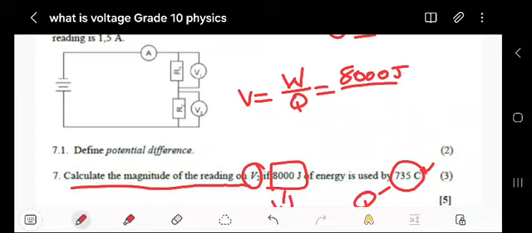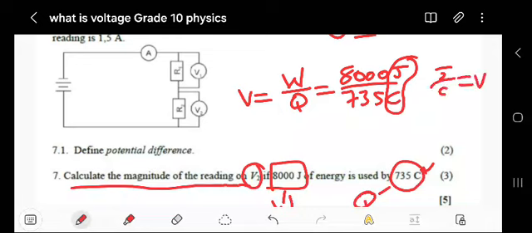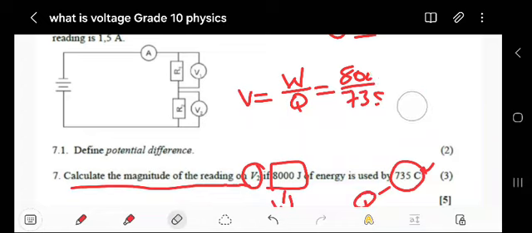Then your charge is 735 coulombs. The unit here is simply joules over coulombs, which is simply equal to the voltage.